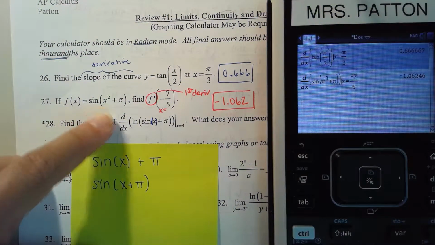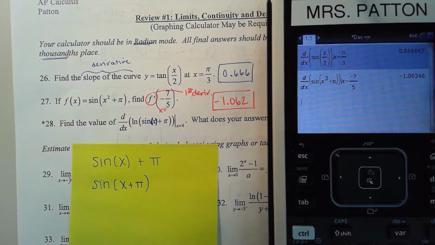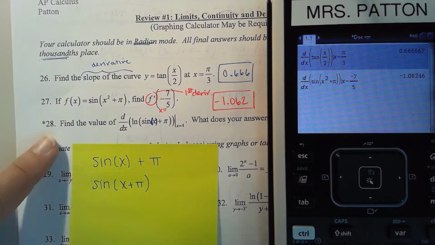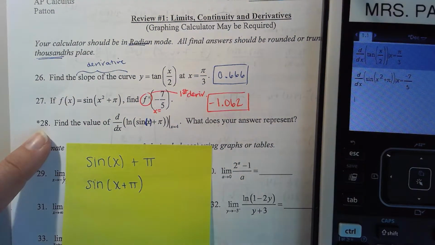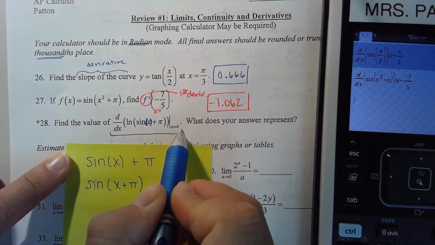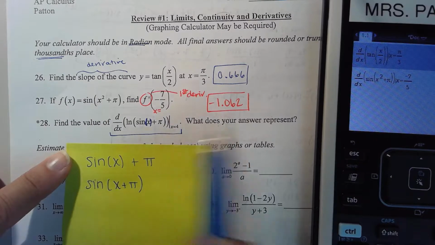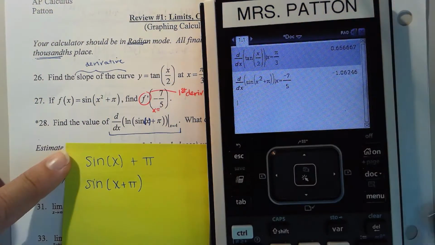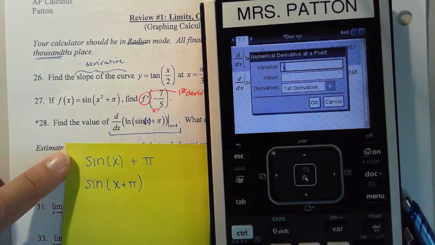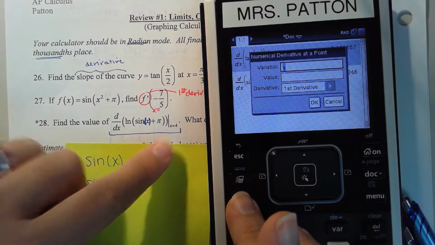Okay, all right. Great, hey, now we can have that conversation about number 28. So number 28 says, find the value of this whole thing right here. So this really matches what we see on our calculator. So we're going to go back. Menu 4.1, our variable is x, our value now is 4.